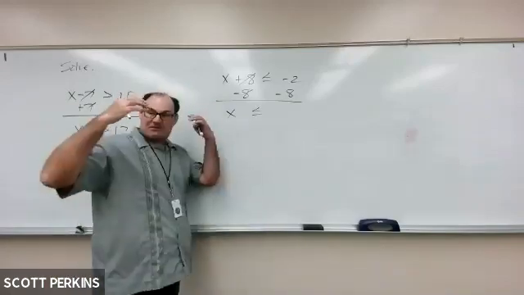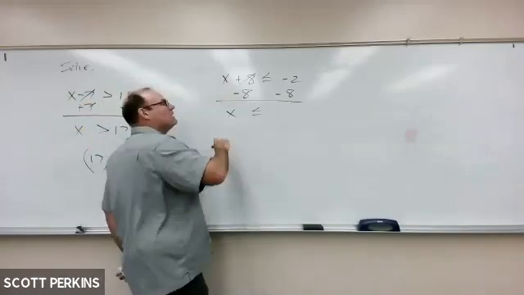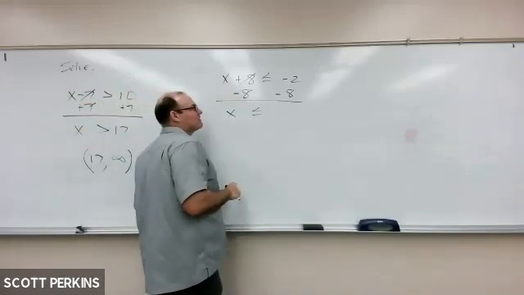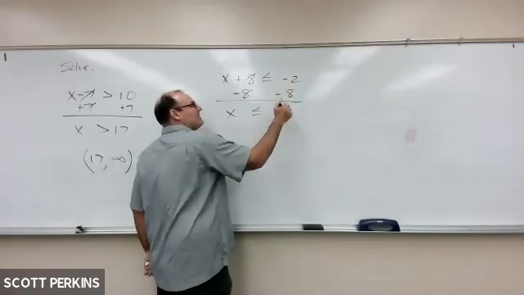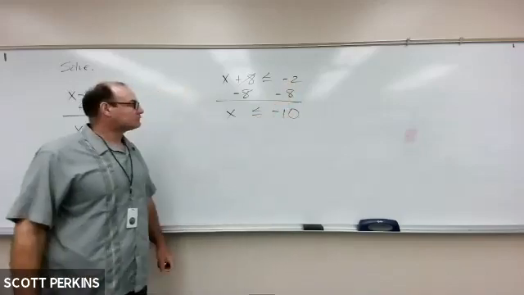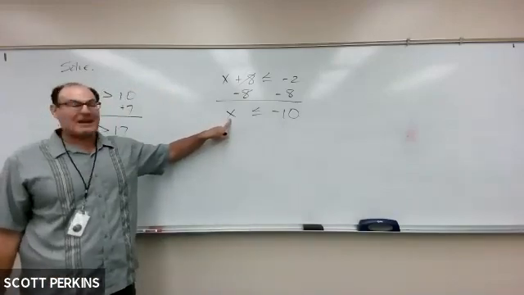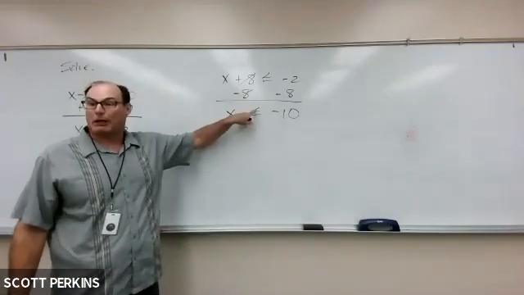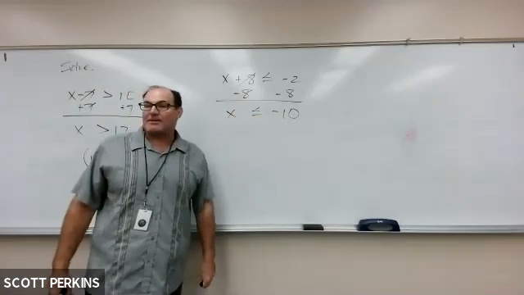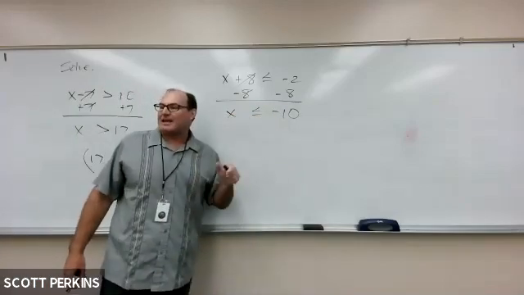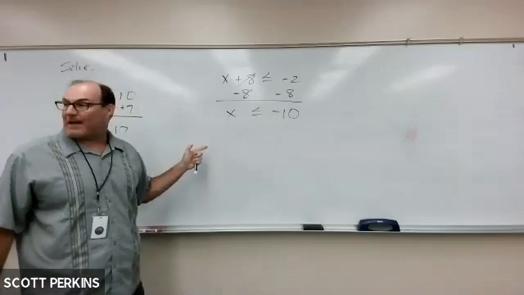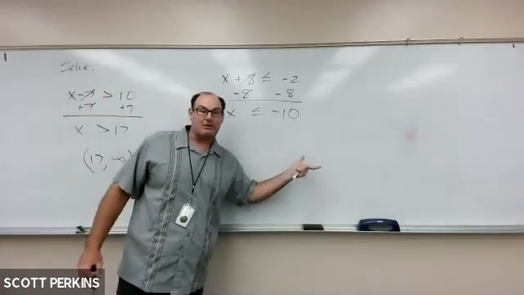Okay, so some of you have seen this before, and it's a fuzzy memory. You're just about to get there. So -2 minus 8 is -10. So this is a less than or equal to. So this says every value I have is going to be below -10. So if everything is below -10, is -10 the smallest value, or will -10 be the highest value?